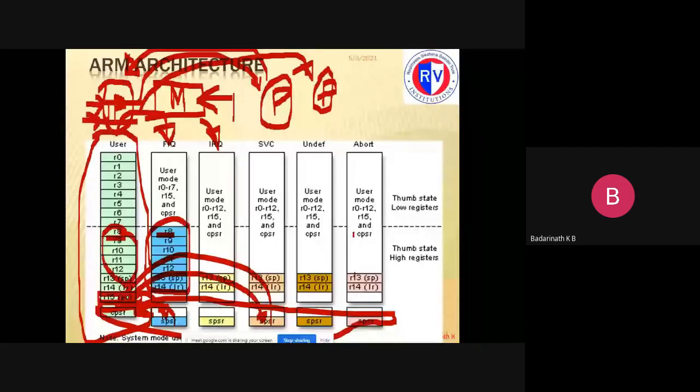ARM architecture supports 37 registers which are distributed physically to support the different modes of operation.